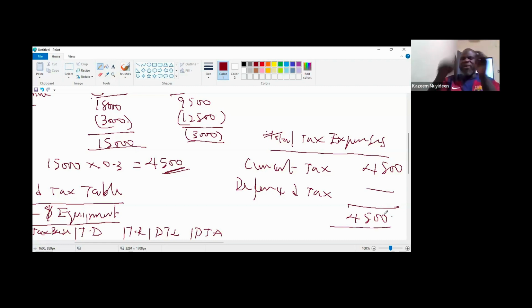It is the movement in deferred tax, after considering the opening balance and the closing, that is added to the current tax.